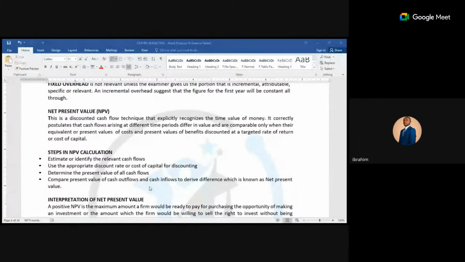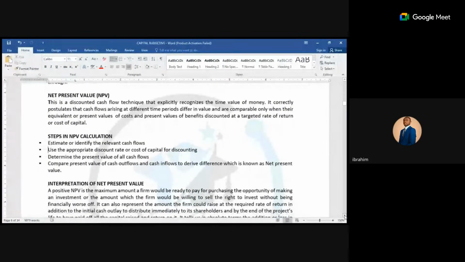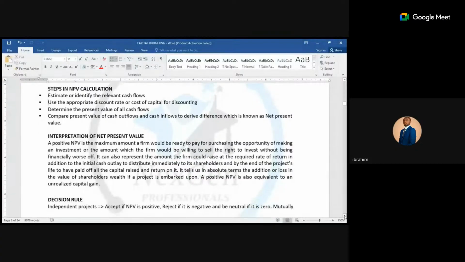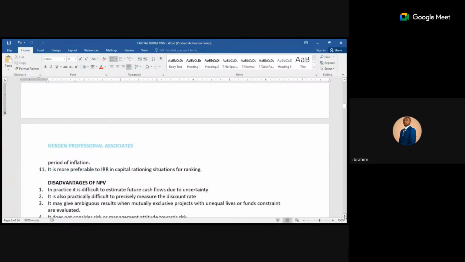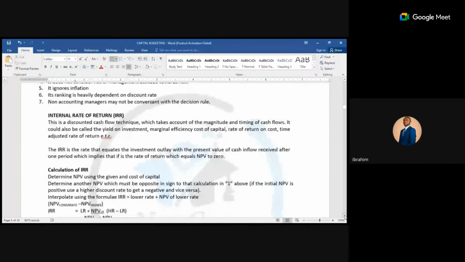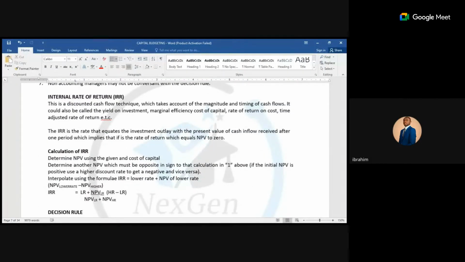It means that the project will maximize the shareholders' wealth. When you see a positive NPV, shareholders will get a return on their investment. When it is a negative NPV, the project is not viable and it will not bring a return to the shareholders.